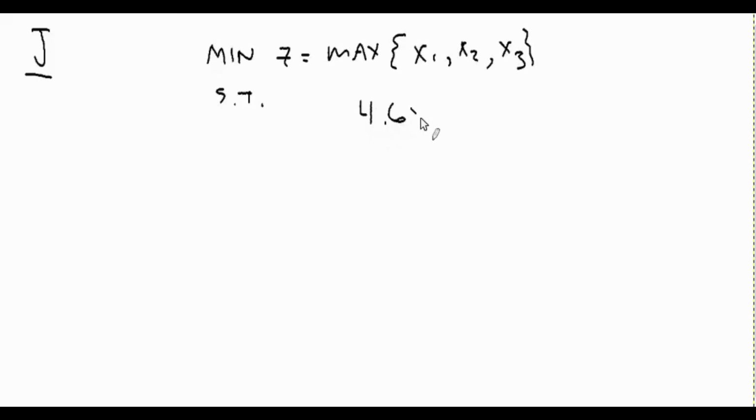It instructs us to minimize the max muscle force. That'll be over the set x1, x2, x3, such that 4.6 x1 plus 3.4 x2 plus 7.5 x3 is equal to 780.